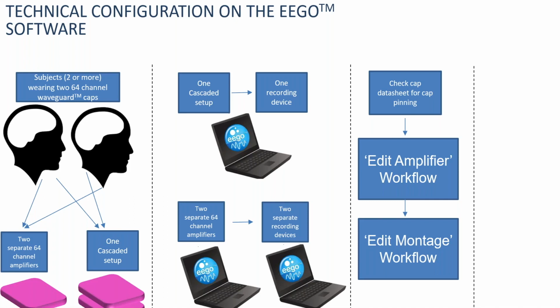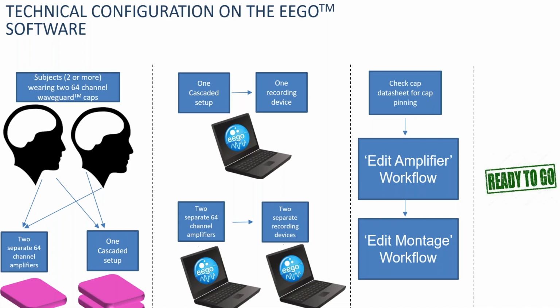Essentially on eego, you need to edit the amplifier workflow, you need to edit the montage workflow. Both of these can be copied over from existing templates, which makes the researchers' work significantly easier. With that done, you're actually very ready to go. So you have a subject created, of course, you can call it whatever you like.